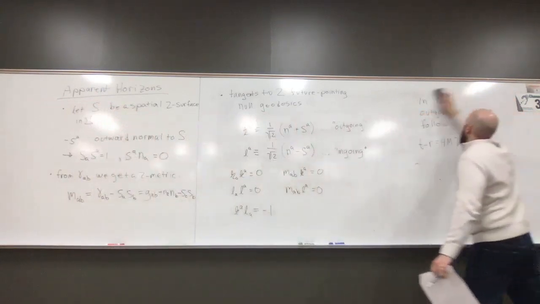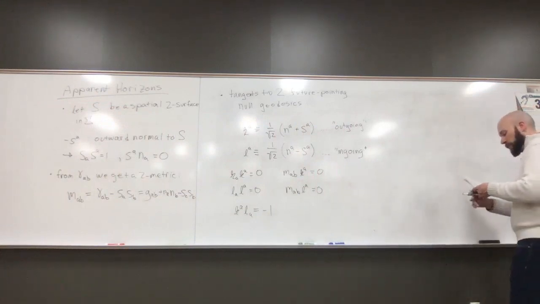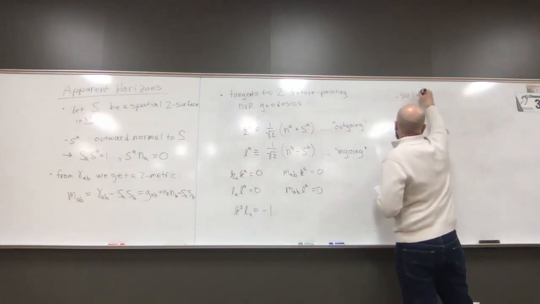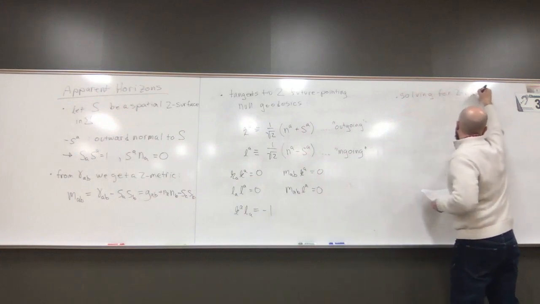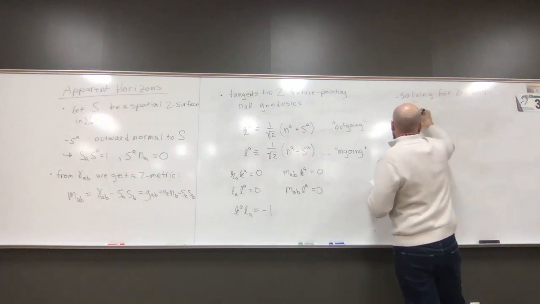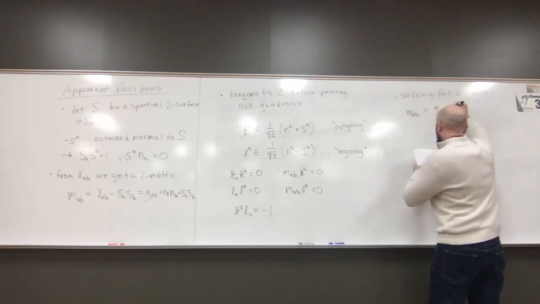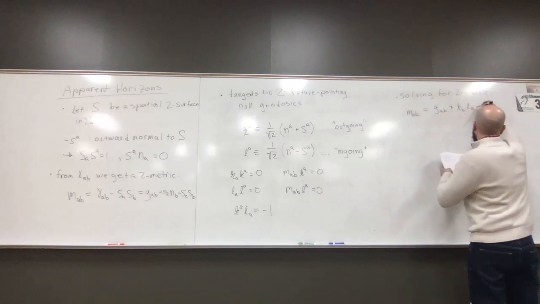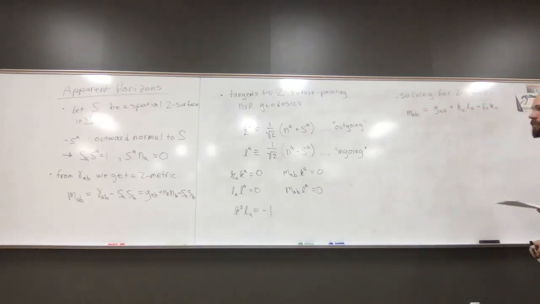So now let's solve for the 2 metric in terms of these tangents to my null geodesics. Solving for the 2 metric, we get M_AB is equal to G_AB plus K_A L_B plus L_A K_B.